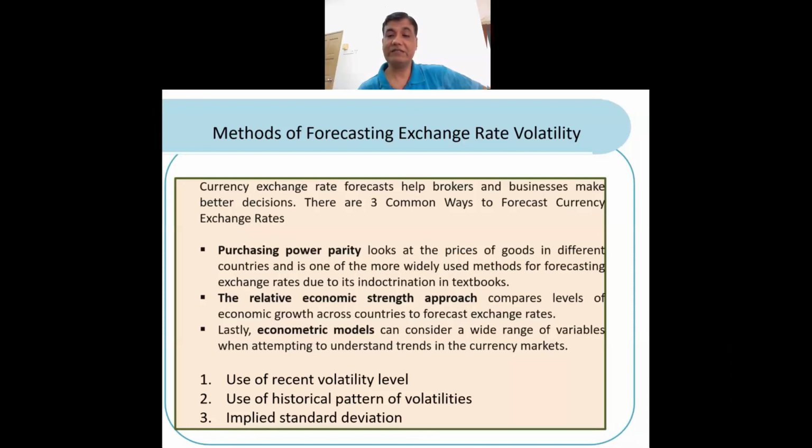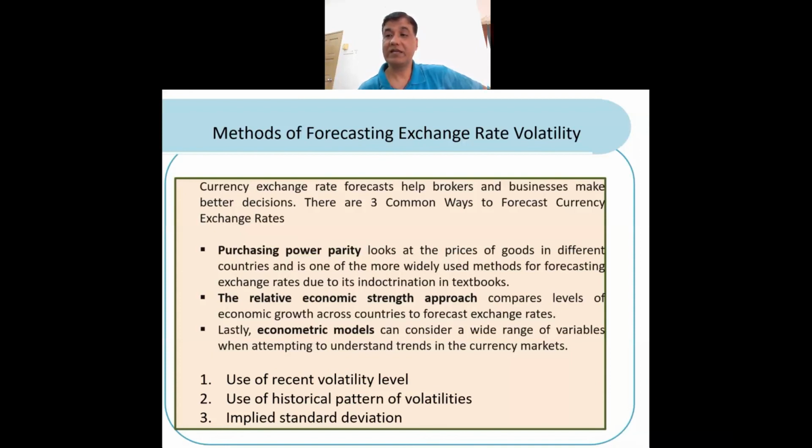Okay, so to reduce the volatility, there are three common methods we use. Number one, we look at purchasing power parity, right? We look at prices of goods in different countries, and then we see whether that helps. Number two, we look at the relative economic strength approach, where we compare levels of economic growth across the countries. So if you are having a lot of transactions with China, Malaysia does a lot of export and import with China, Singapore, Indonesia, US, those countries.